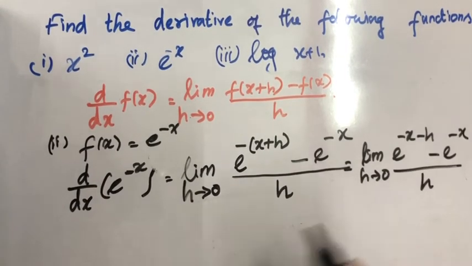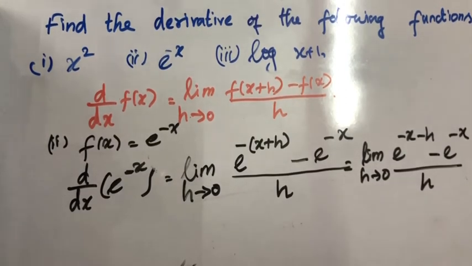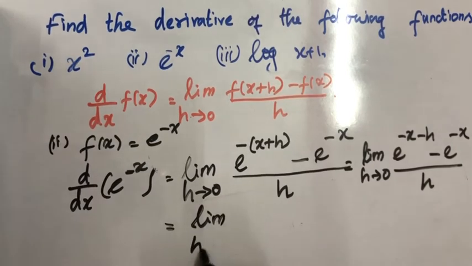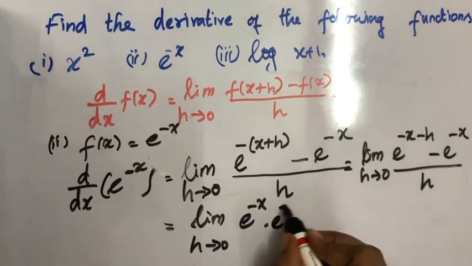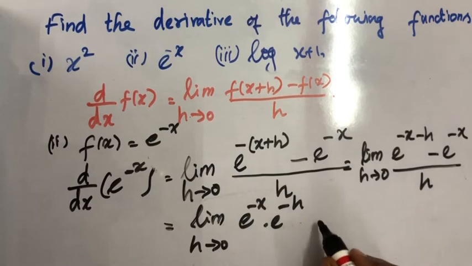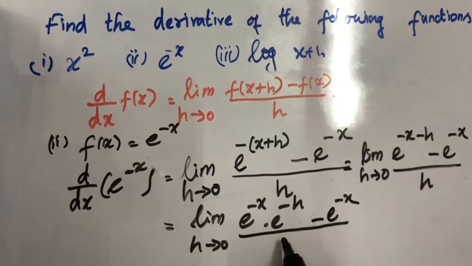So we can split it, that is limit h tends to 0 of e power minus x into e power minus h. I split this expression e power minus x minus h as e power minus x into e power minus h, minus e power minus x, divided by h.